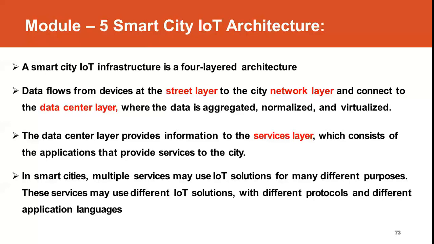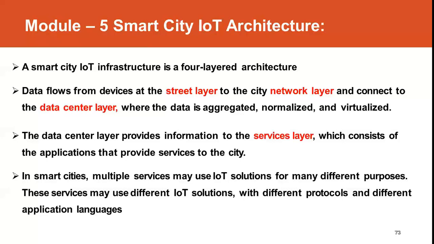The sensors that are deployed in the street will collect the data, and from these sensor devices, using the network layer or the network infrastructure, the data is transmitted to the data center. In the data center, all the data that is gathered by the sensors will be stored.